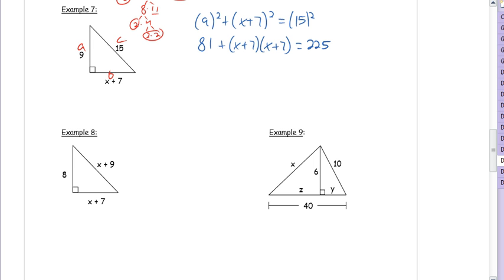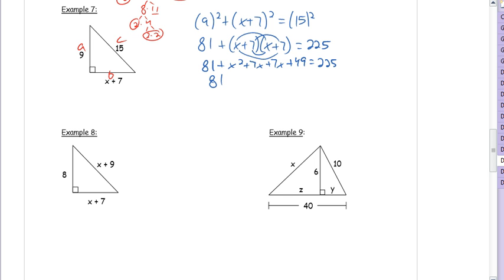Okay, that's going to be a foiling problem. You cannot just do x squared plus 49. That will not get you the right answer. So we're going to have 81, and then we're going to FOIL, plus x squared first, outer, inner, last, equals 225.